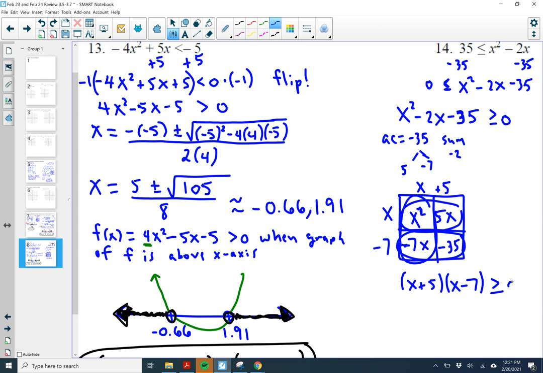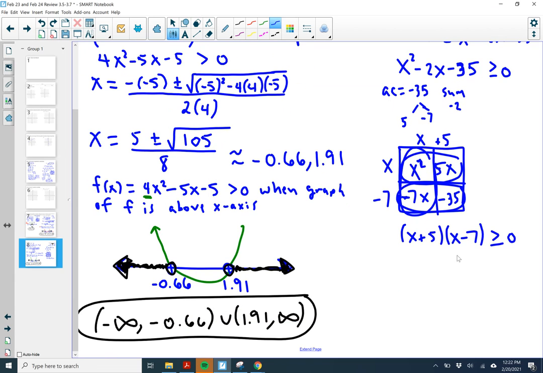We want to know when that product is greater than or equal to 0. So we find the zeros of our quadratic. This one's going to happen when x is negative 5. This one's going to happen when x is 7.